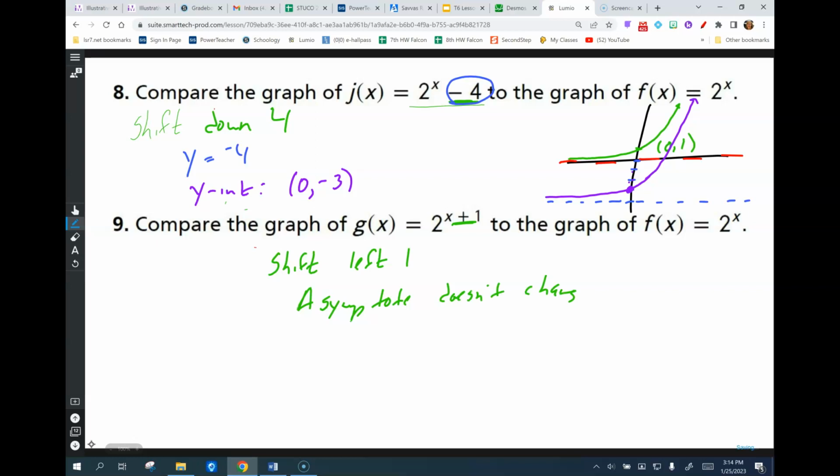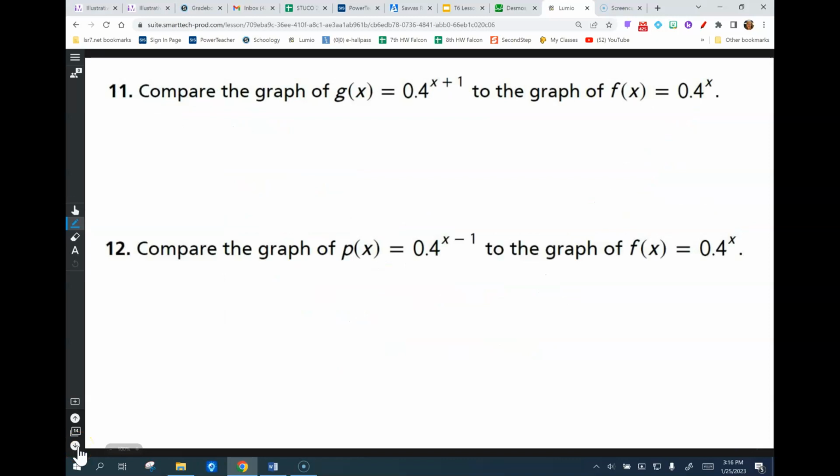And my y-intercept, I can always just plug 0 in. So it's going to be 2 to the first power. Okay, so your y-intercept is 2. Remember to just compare what's happening. These are all going to be horizontal shifts. This is going to shift to the left 1. My asymptote does not change. My y-intercept, I'm going to plug a 0 in. It doesn't matter what the parent function is. It's still going to do the same stuff.